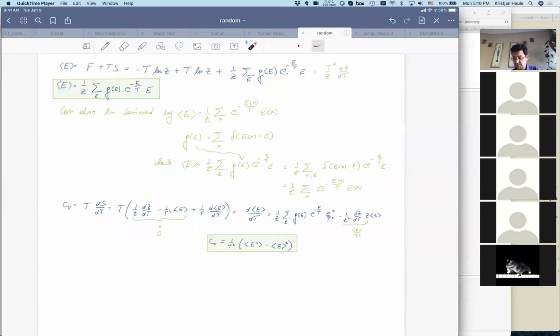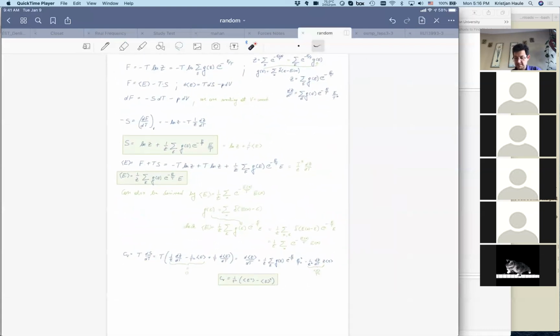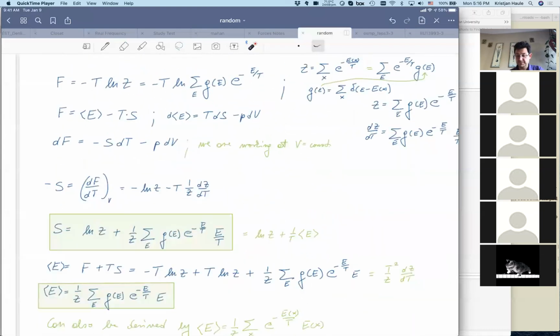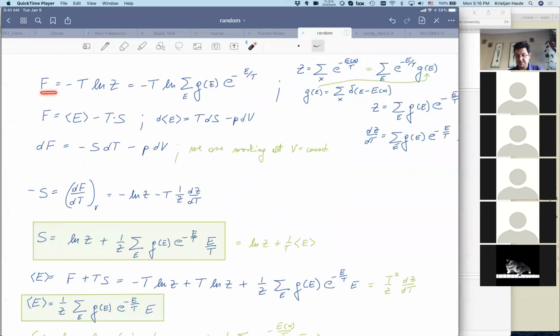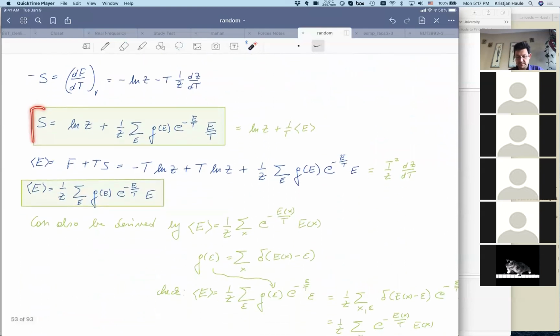Okay. So in summary, in this derivation, we started from free energy being expressed as minus T log Z, and then using only the standard thermodynamic relation that F is total energy minus T times S, we managed to obtain an expression for the entropy.